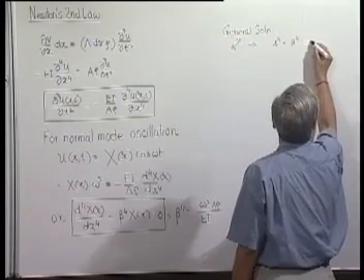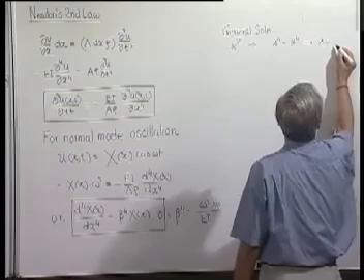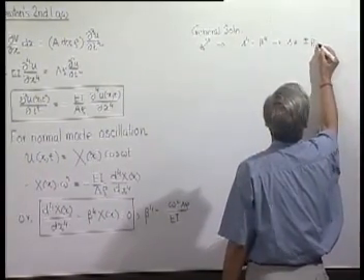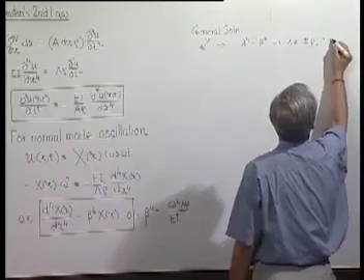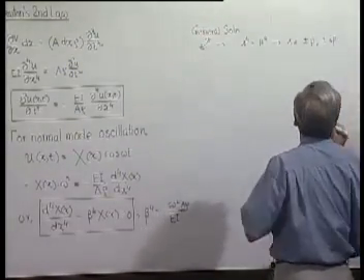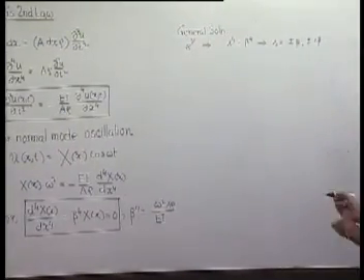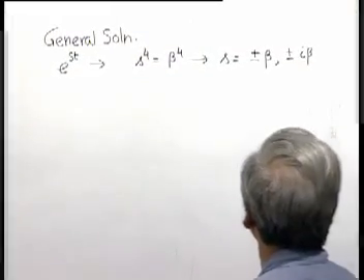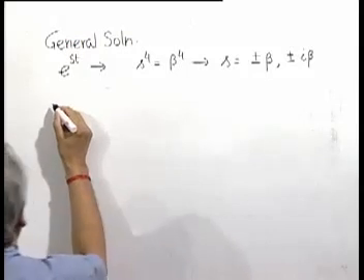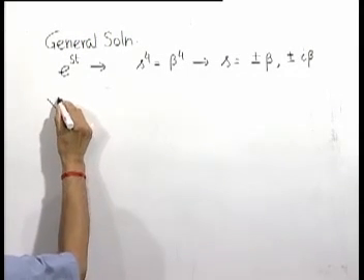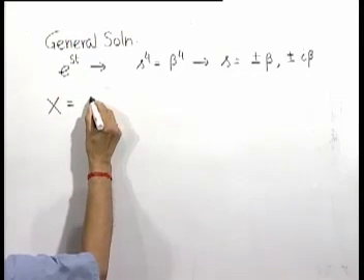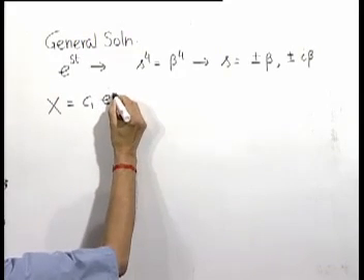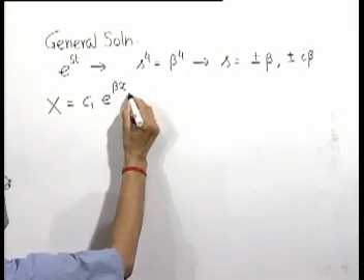So, this tells us s equals either plus minus beta or plus minus i beta. There are 4 roots: plus beta, minus beta, plus i beta, minus i beta. So, therefore, the solution will be of the form C1 e to the power beta x and so on.